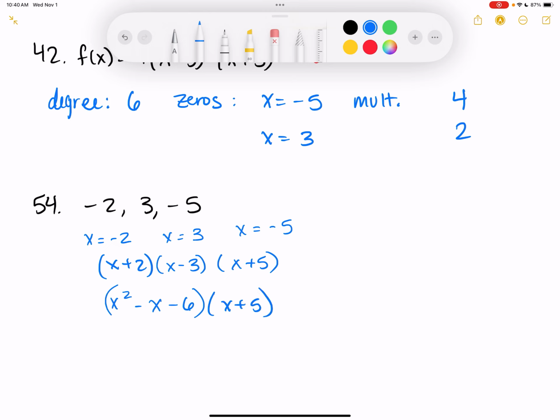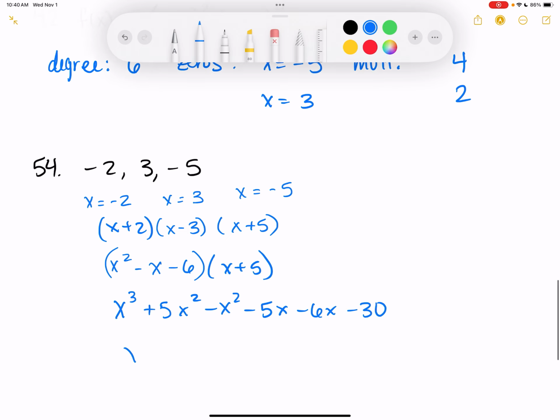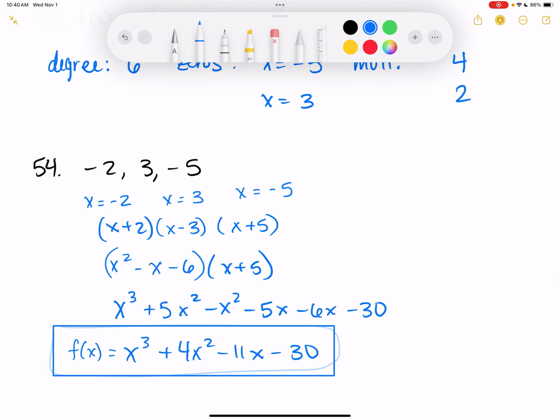So I get x cubed plus 5x squared minus x squared minus 5x minus 6x minus 30. So x cubed plus 4x squared minus 11x minus 30 would be what gets you to that.